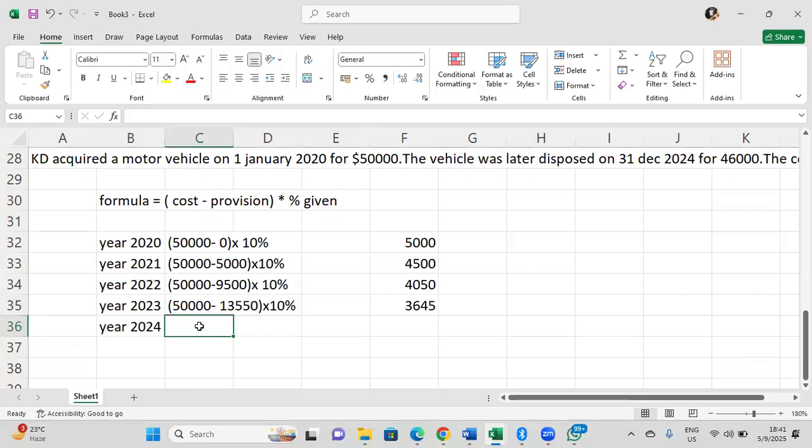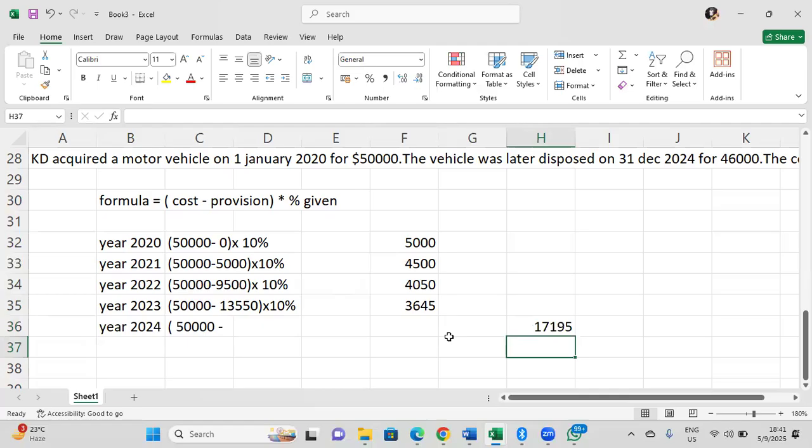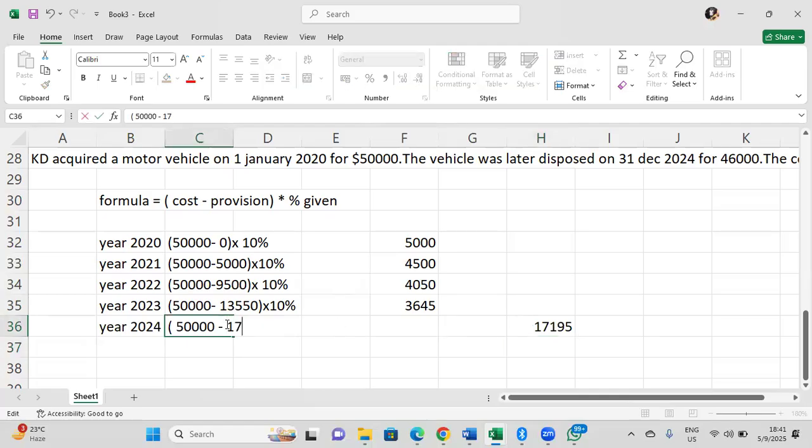So let's now do it together. For 2024, it will be 50,000 minus the total of the previous years' depreciation. The total is the last total, 13,550, plus the last year's depreciation, 3,645, which means 17,195.